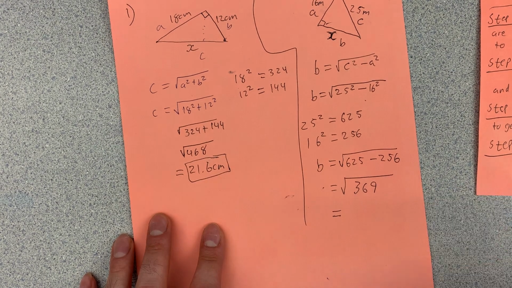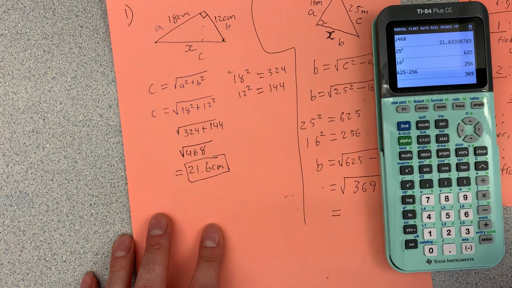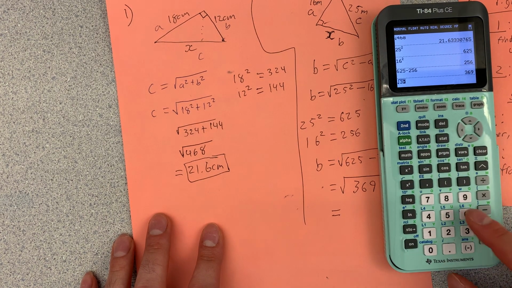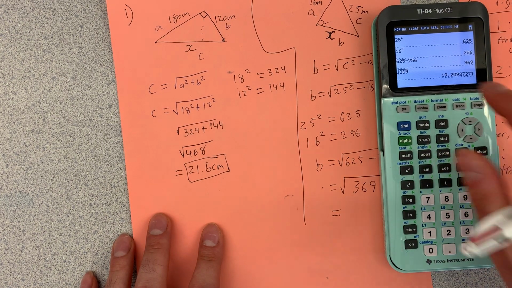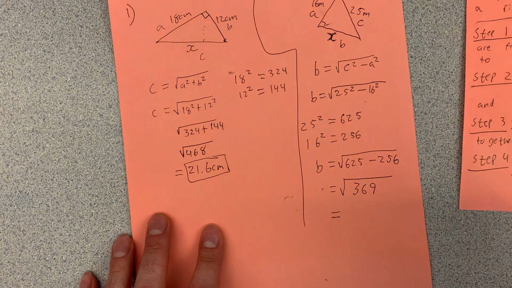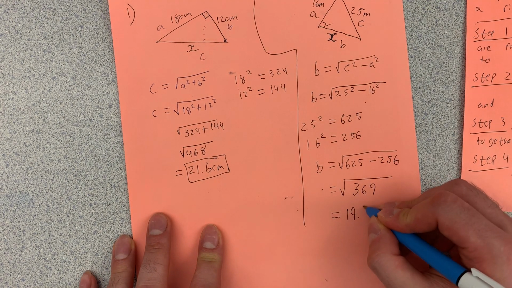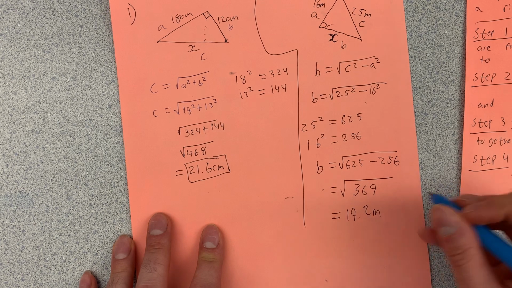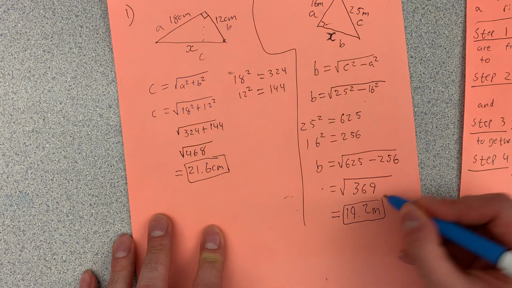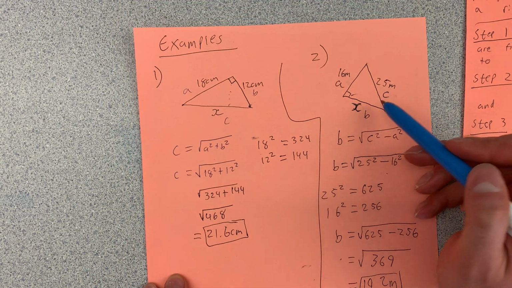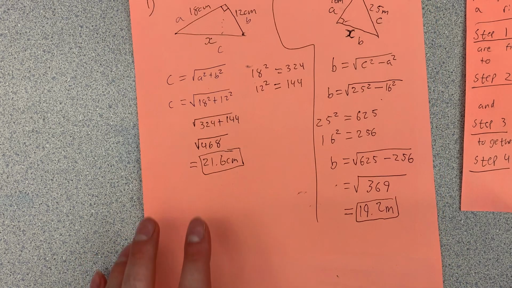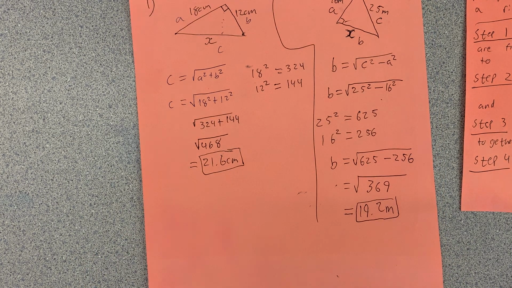And now I'm just going to find the square root of 369. So square root 369, I get 19.2. I'm just going to round. 19.2 meters. This length is less than our hypotenuse, so that's a pretty good sign that we did it correctly. And I'm just going to leave it at that.